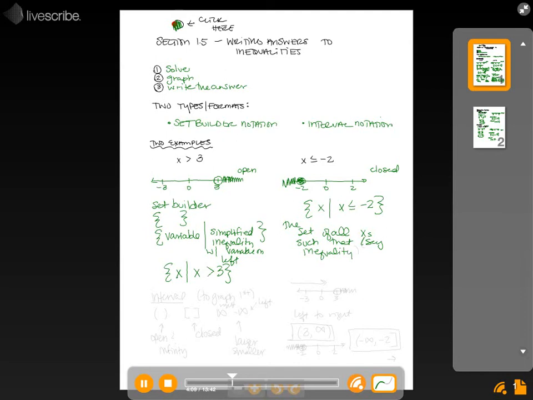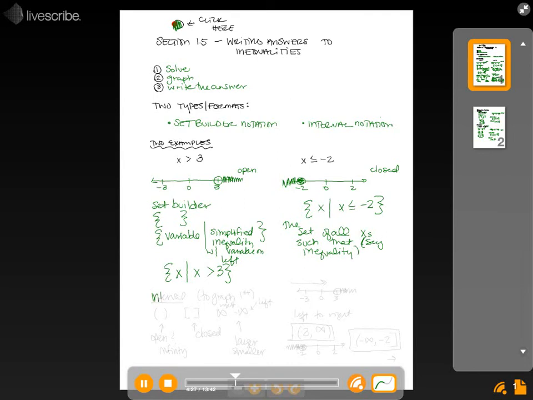So we're looking for the set of all x's such that x is less than or equal to negative 2, that our x's meet that requirement. And that's how we would read set builder notation. That's what it means. So that's the first type. It is the easier of the two, set builder notation.